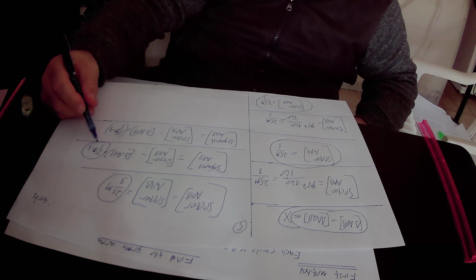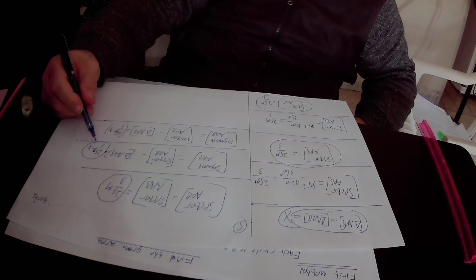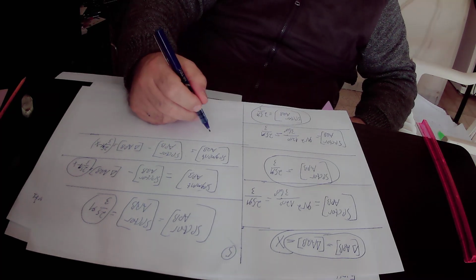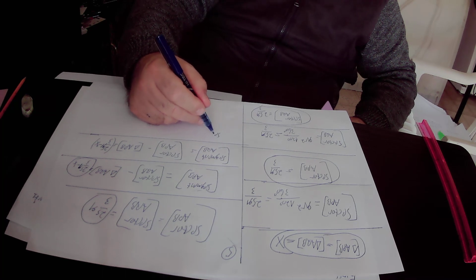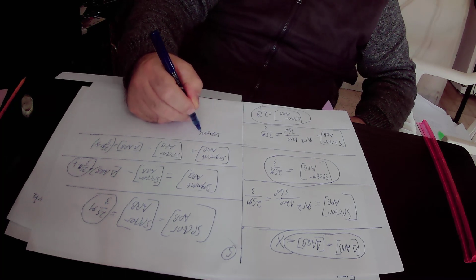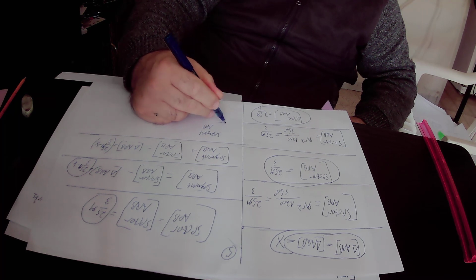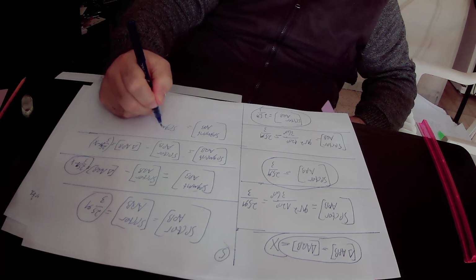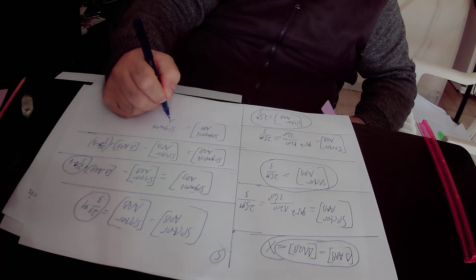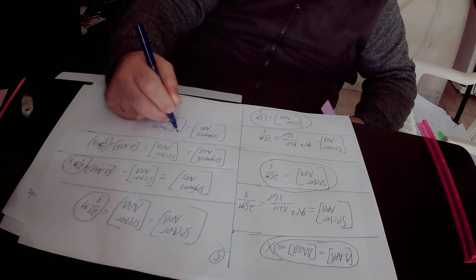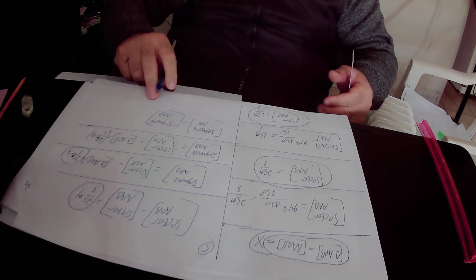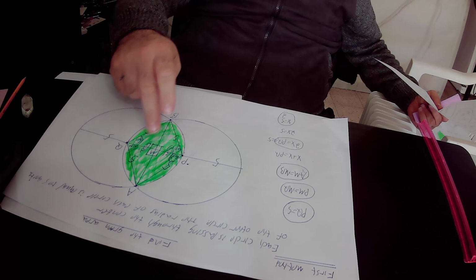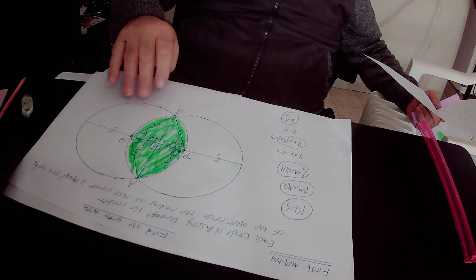Therefore, we conclude from those two equations that the area of segment APB is equal to the area of segment AQB.